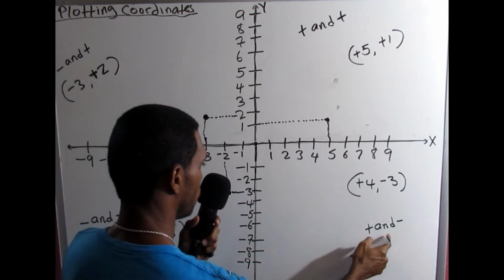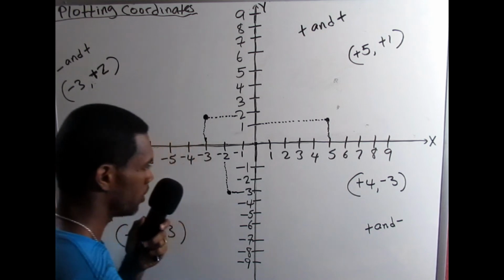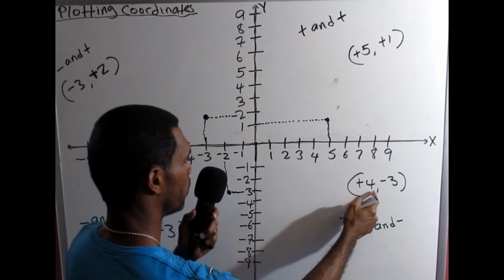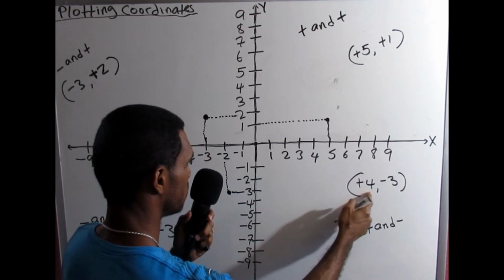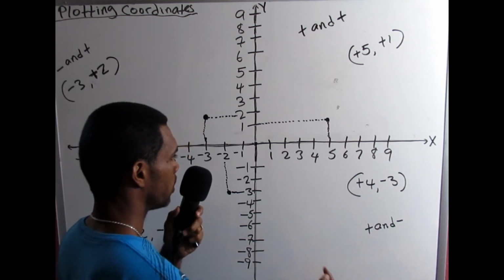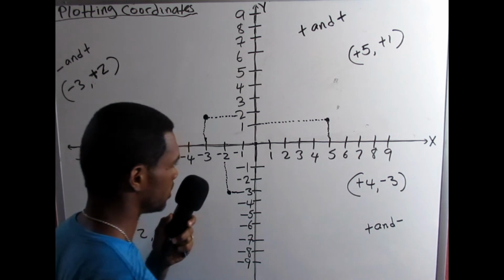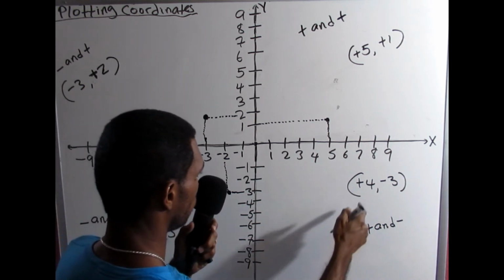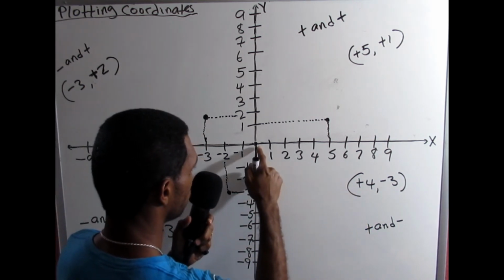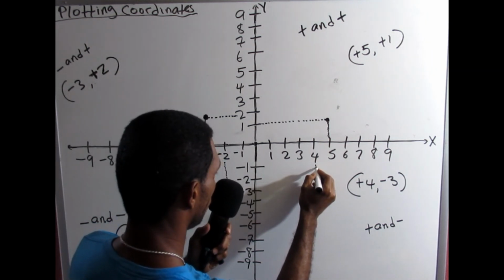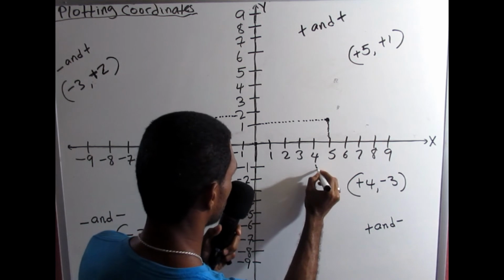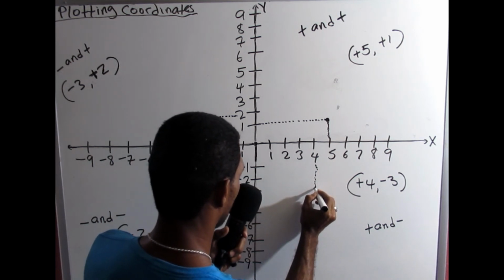So let's do one more example. And this is the area whenever you plot a positive and a negative. So here we're going to plot positive 4, negative 3. Remember, our first number is always x, so it goes on the x-axis. And our next number is always on the y-axis. So the first thing we want to do is to locate a positive 4. So we come and we found our positive 4. And we want to find now negative 3. So we want to come down to negative 3.